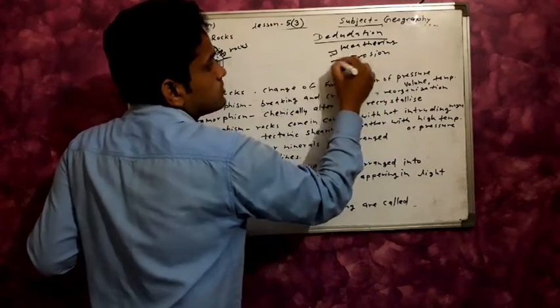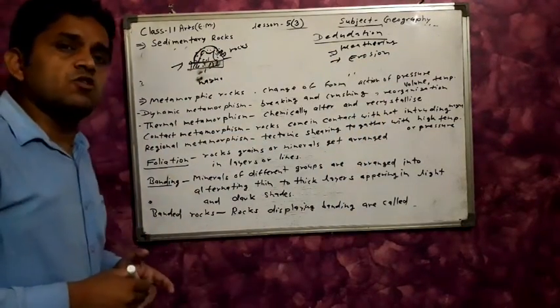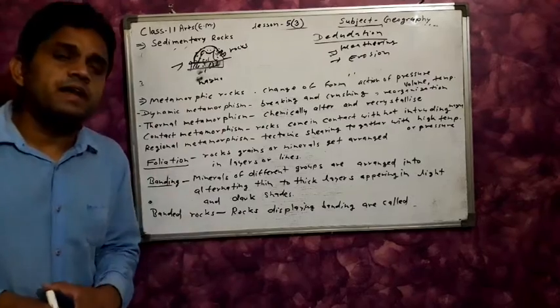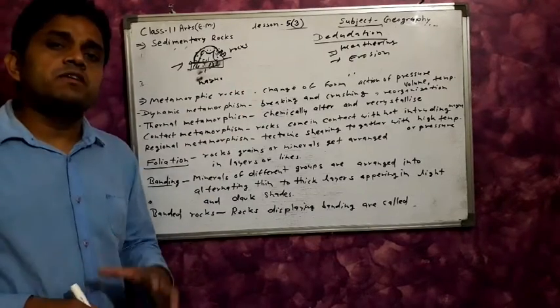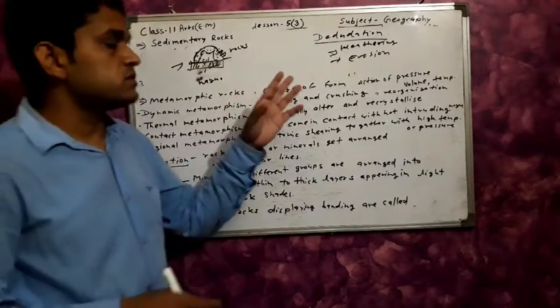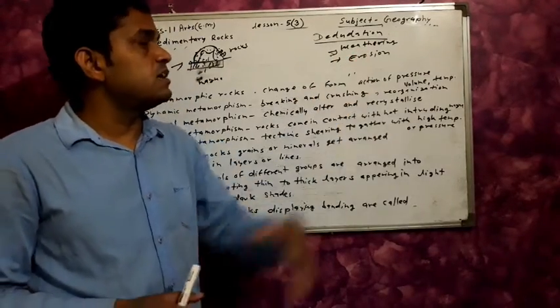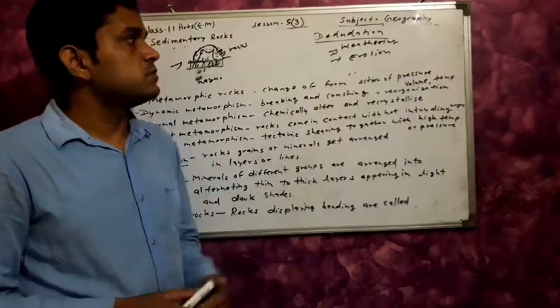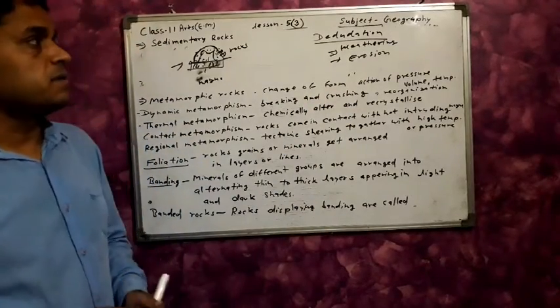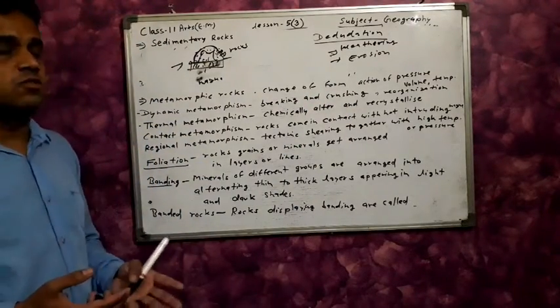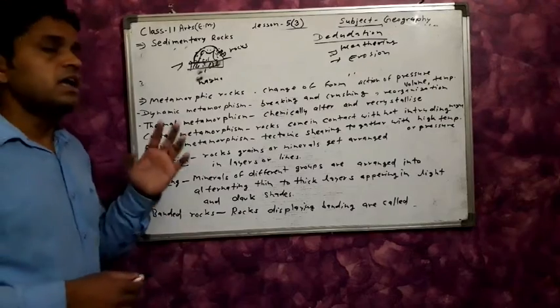Weathering and erosion together are known as denudation. It is the process of breaking and eroding. When weathering and erosion happen together, the process is known as denudation.